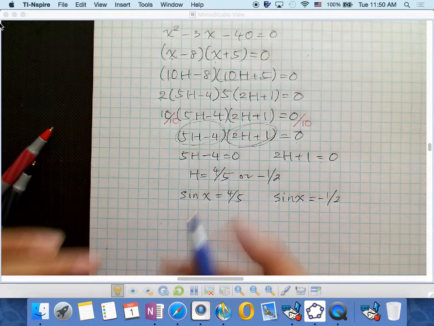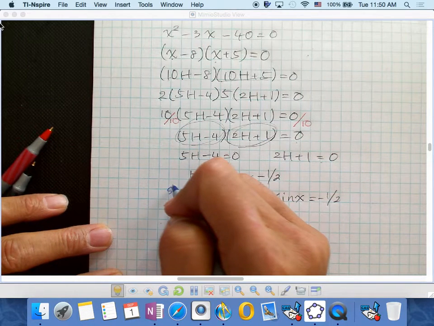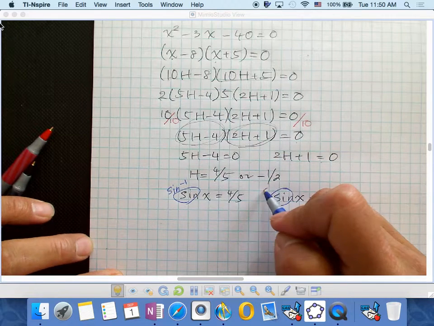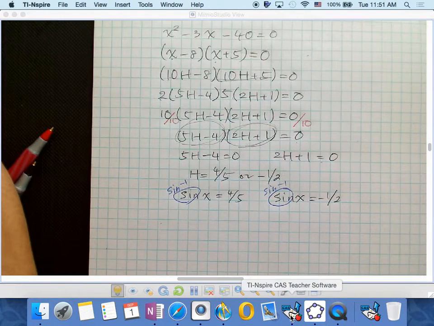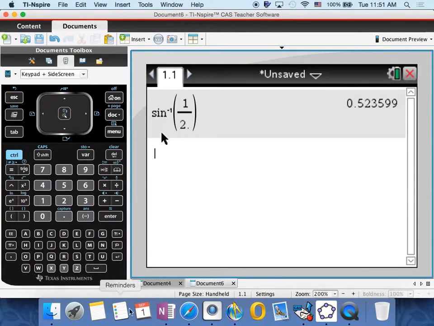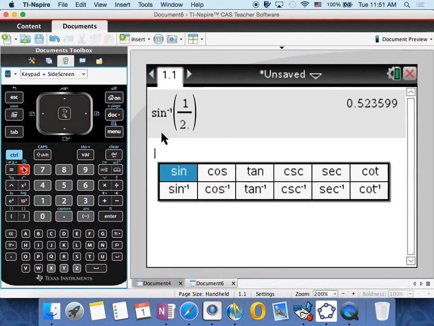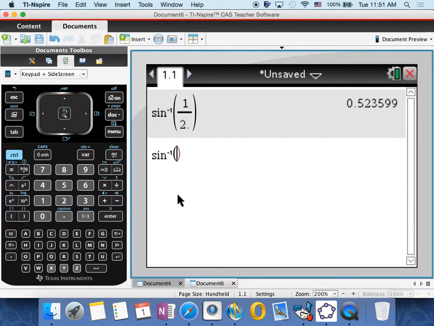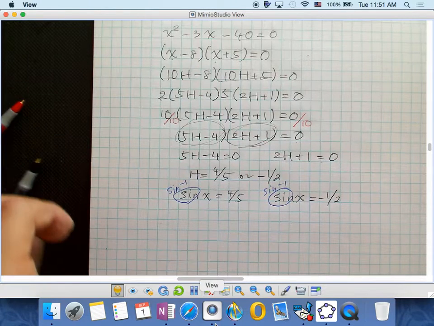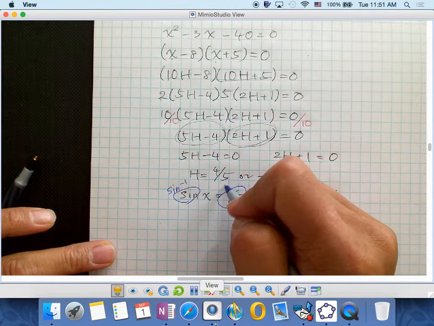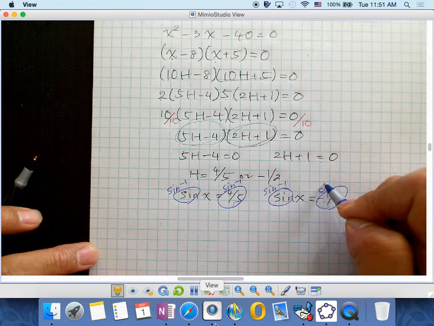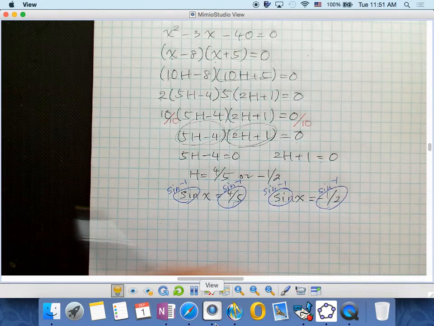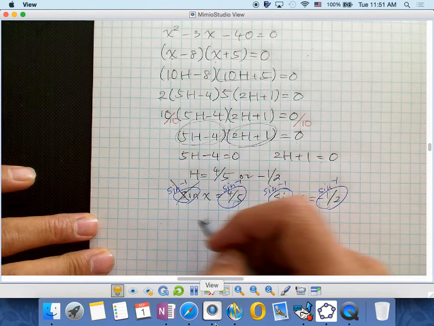We have to take the inverse of sine, which we'll do here on the calculator. I have to take the sine inverse on both sides, so that the sine on the left side gets canceled, undone.